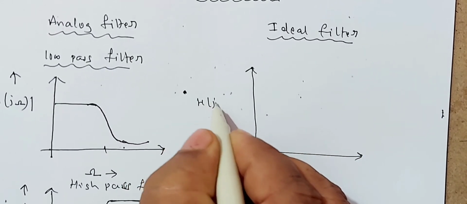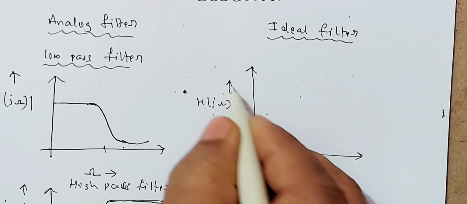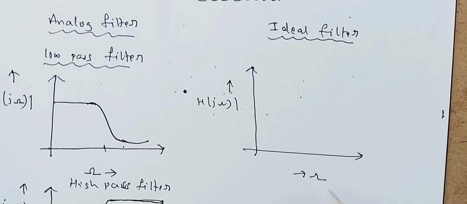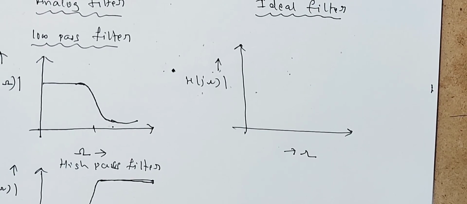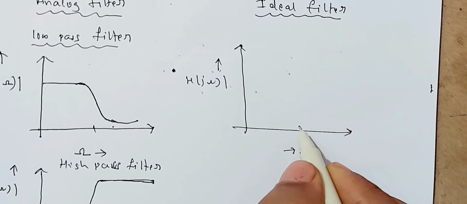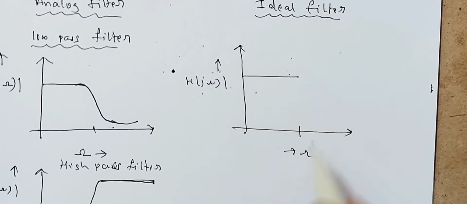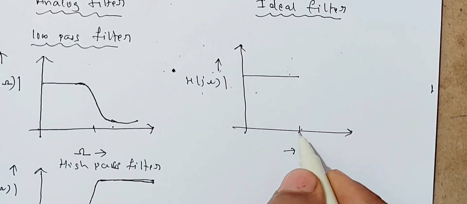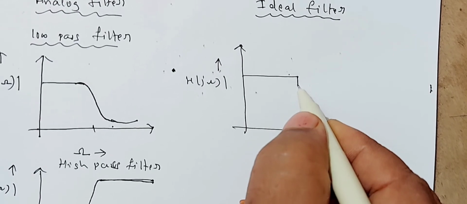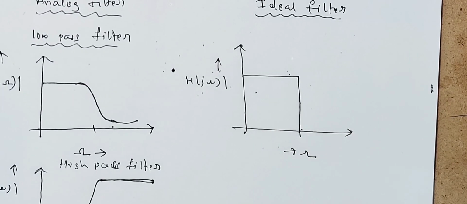The expected value, H of j omega along the y axis, omega along the x axis. Since the expected behavior of a low pass filter is that it should be allowed up to a low frequency, after the low frequency there is a sudden decrease to zero.